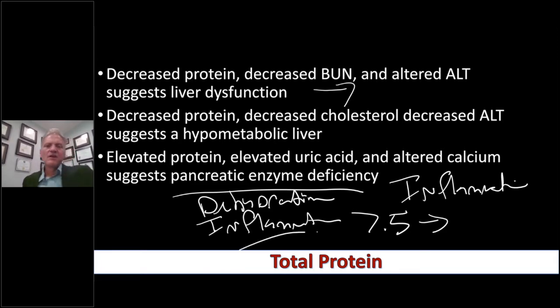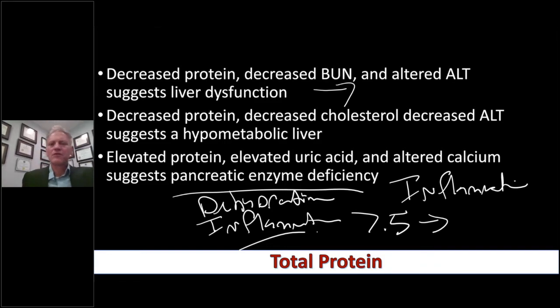That inflammation could be an infection. That inflammation could come from food sensitivity. That inflammation could come from wherever inflammation is coming from. But these are the two most common drivers of that. Infection is probably the more common of the two, causing an elevated protein.